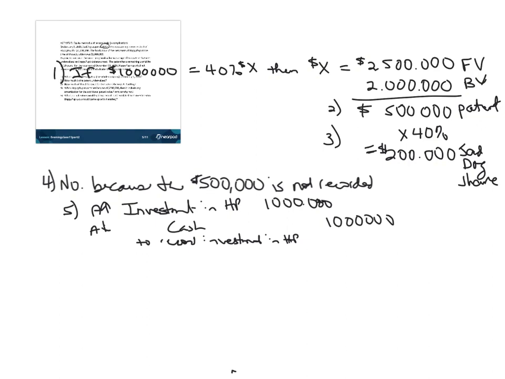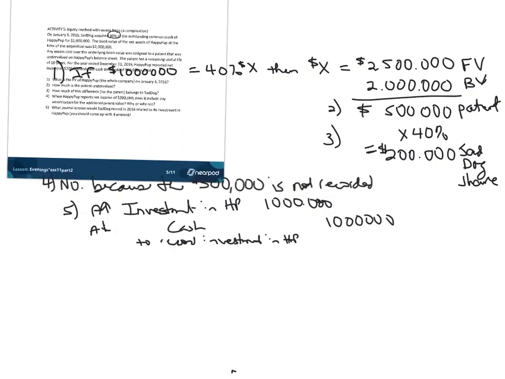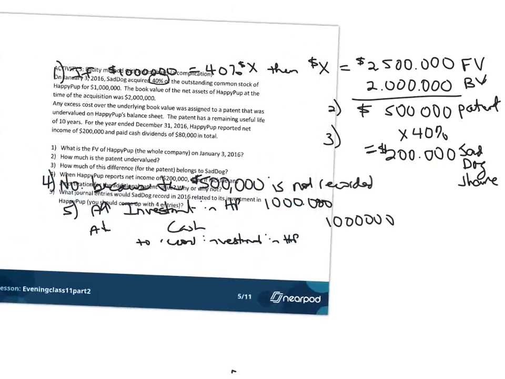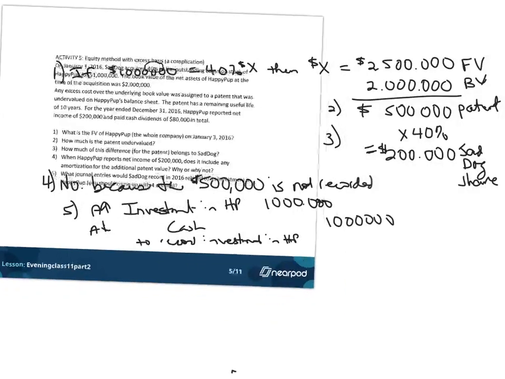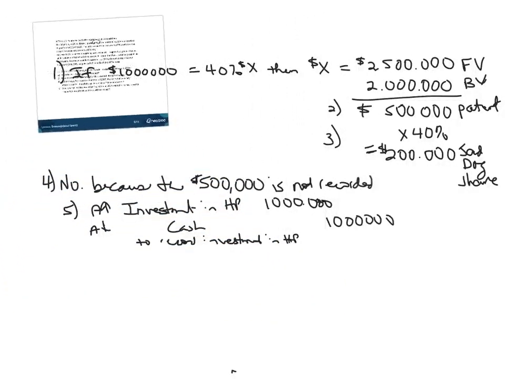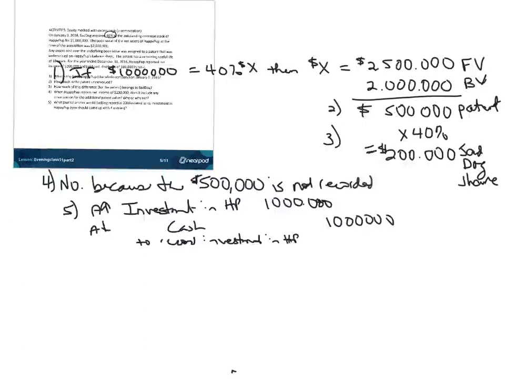Okay, so then we're going to recognize our share of dividends, which the problem says Happy Pup paid $80,000 total in dividends. It's tiny. All right, so our share of $80,000 in dividends would be 40%.